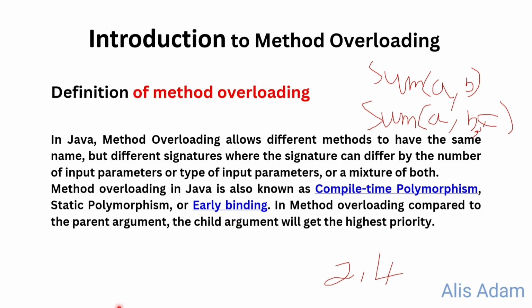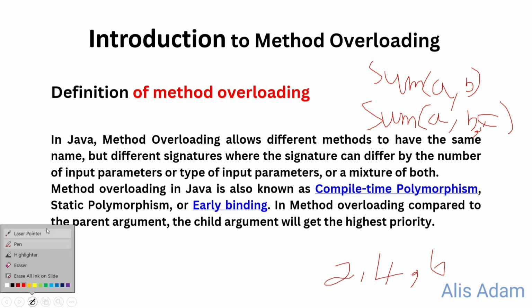When we pass three arguments, like 2, 4 and 6, the second method runs. All of these processes happen at compile time, so this is known as compile time polymorphism. Let's move on to the next slide.